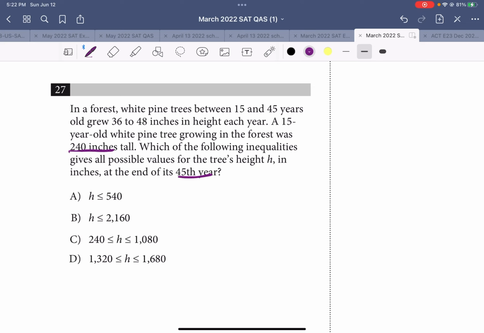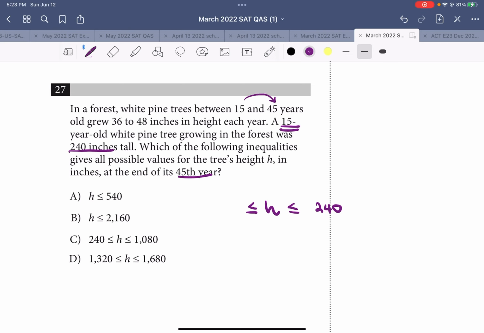Let's say h represents the value. Should it be between? It said the 15-year-old white pine tree was 240 inches tall. So what you have to do is start from 240, because that's in the beginning at 15 years.